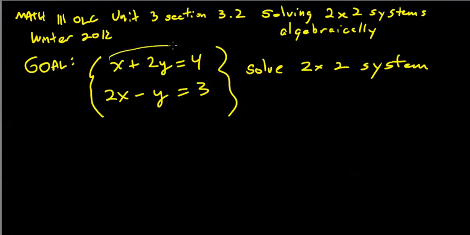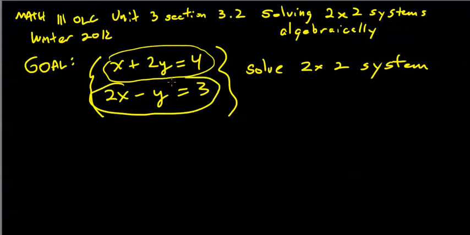If I look at this equation, using techniques of Chapter 2, I can graph that line that represents the solution set of that equation. I could also graph this line that determines the solution set for that equation.